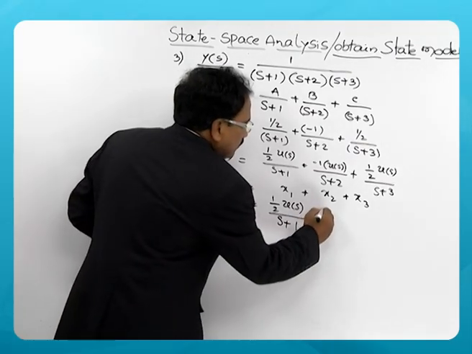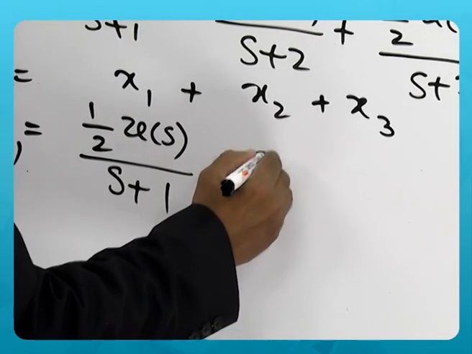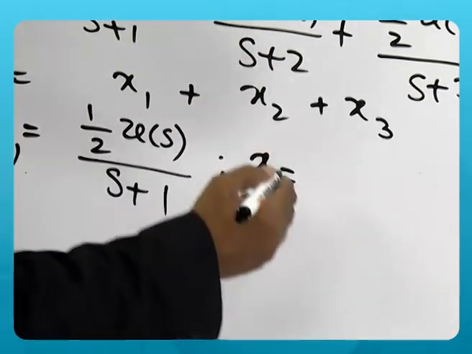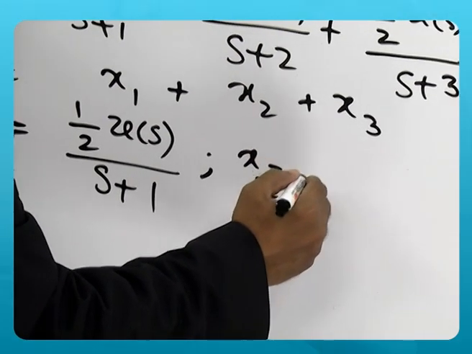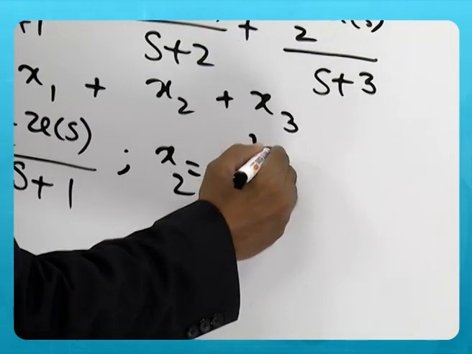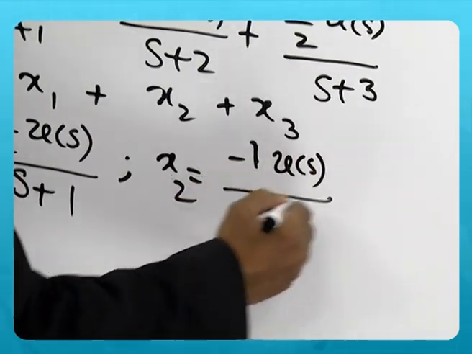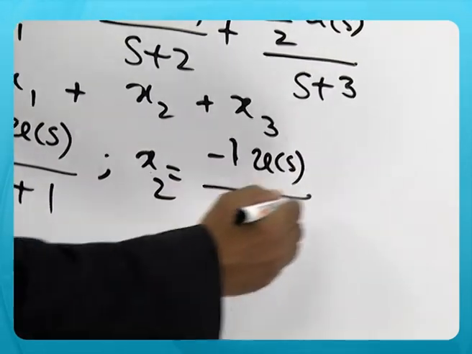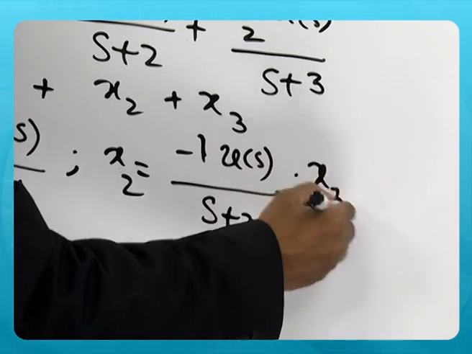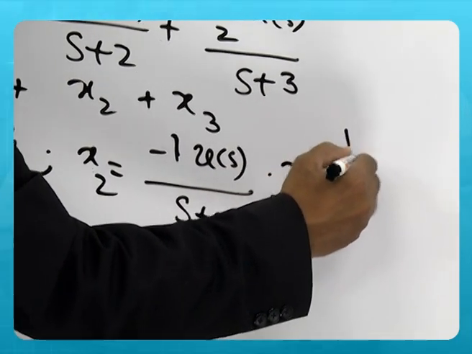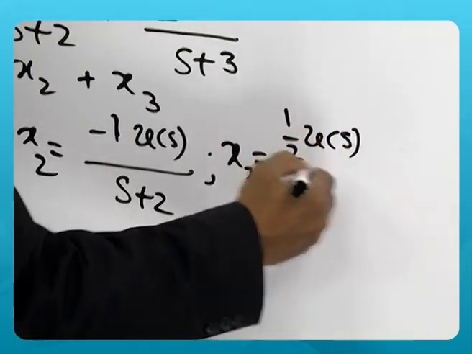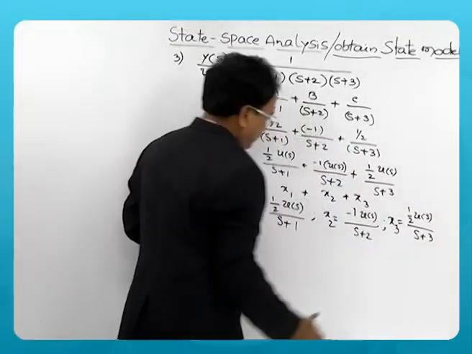Similarly, x2 is the second state variable, second term here, minus 1 into u of s by s plus 2, and the third variable x3 is half u of s by s plus 3.